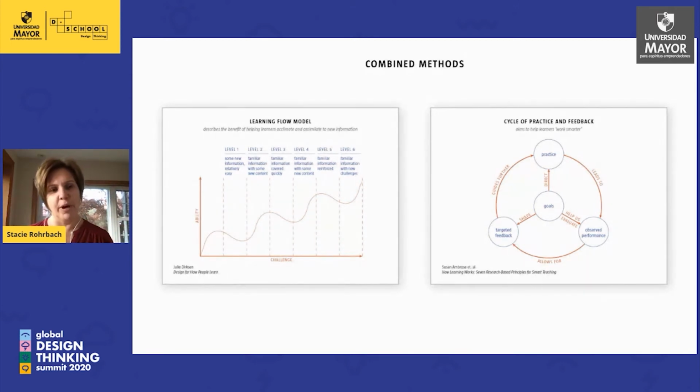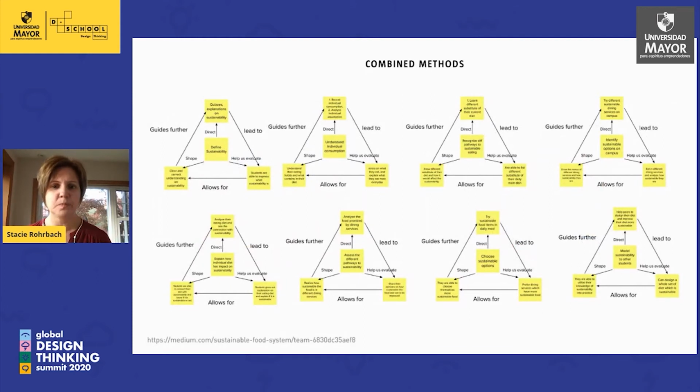The learning flow model looks at how to give learners a challenge, but then help them to plateau and realize that they understand something and can practice it before giving them another upward challenge. Whereas the cycle of feedback is looking for ways that the design system can give them confirmation and support as they're moving through an idea or a concept.